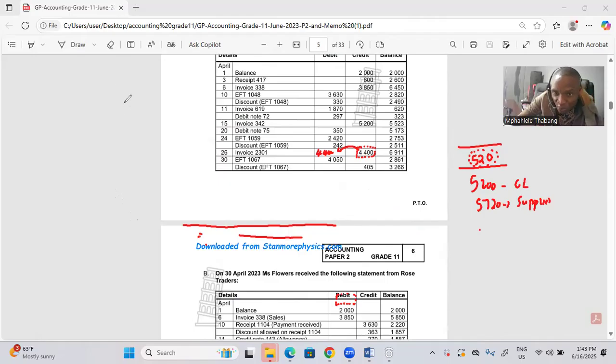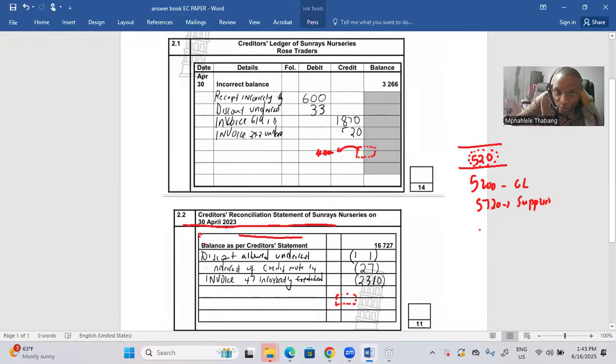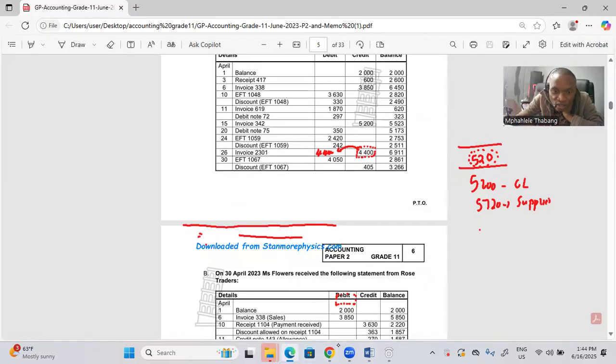So this was invoice incorrectly credited. It's how much? 4,400. So we go to the creditors ledger, we say invoice incorrectly credited. You will write neatly, invoice incorrectly credited. It is 4,400, meaning we have to put a debit entry. 4,400. Okay.